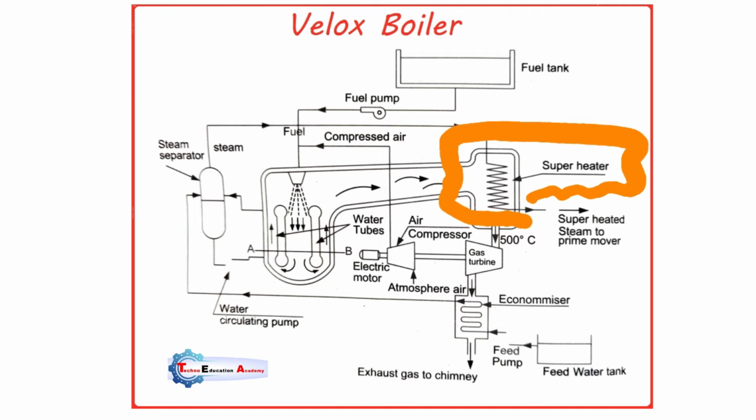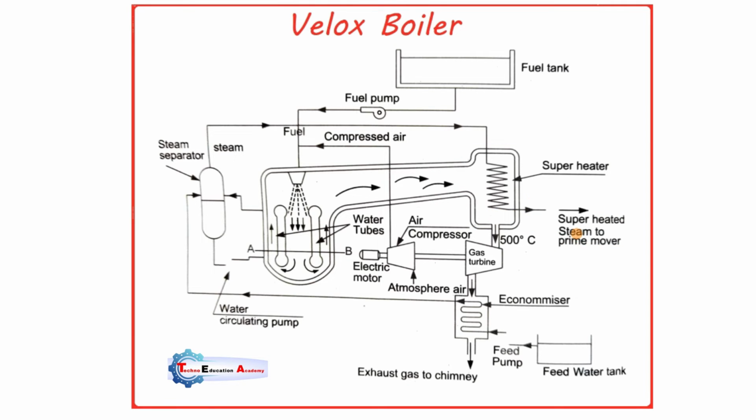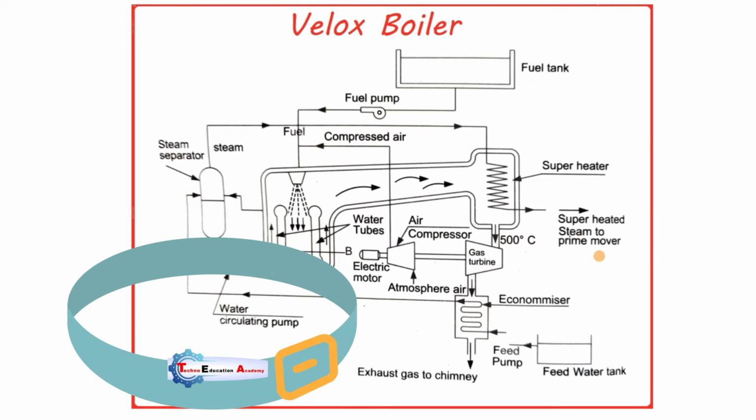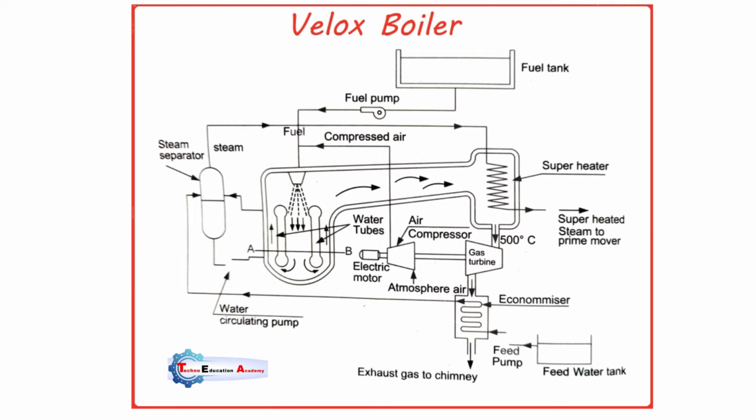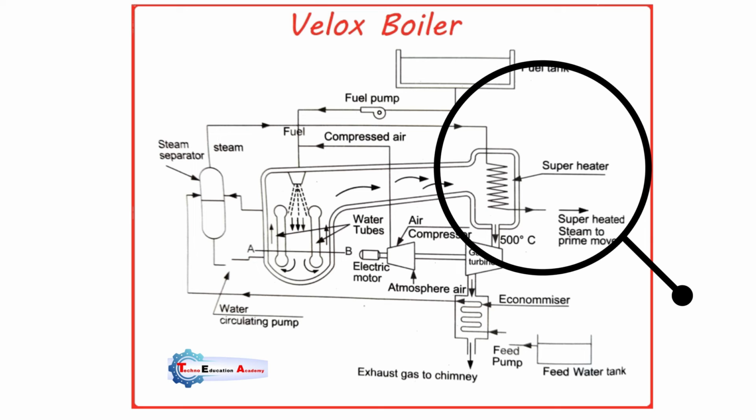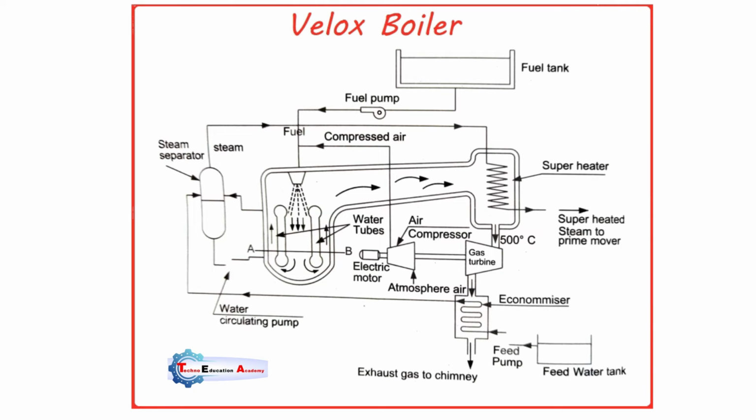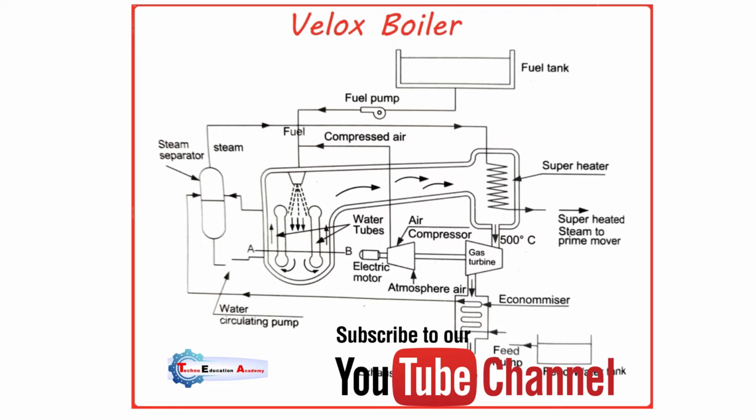Water removed from the steam in the separator is again passed to the water tubes with the help of a water circulating pump. Hot gases coming out of the combustion chamber are further passed over the superheater, where their heat is utilized to superheat the steam. Here we remove the moisture content. Superheated steam obeys all thermodynamic gas laws, Boyle's law, Charles's law and Gay-Lussac's law, as there is no moisture content in the steam.